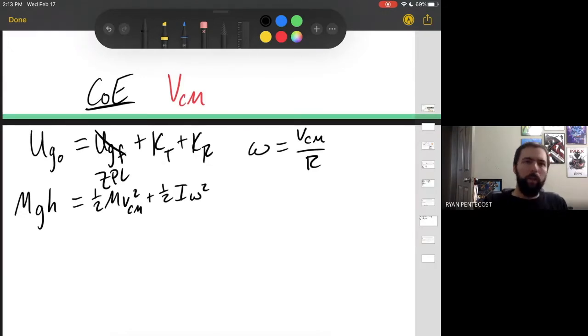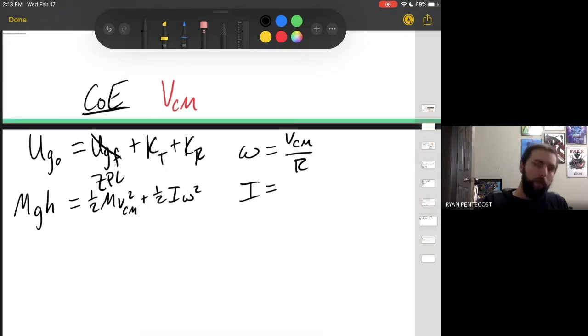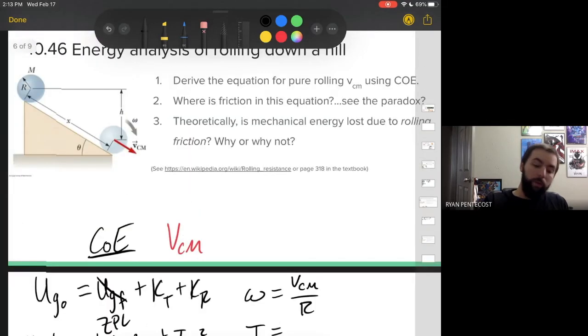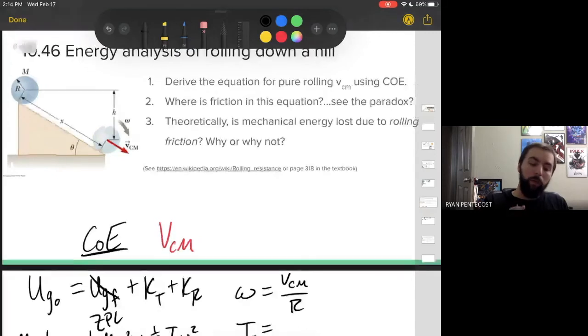We also know the moment of inertia of this object, right? So here we don't actually care about the parallel axis theorem. We're just talking about the kinetic energy of the object.